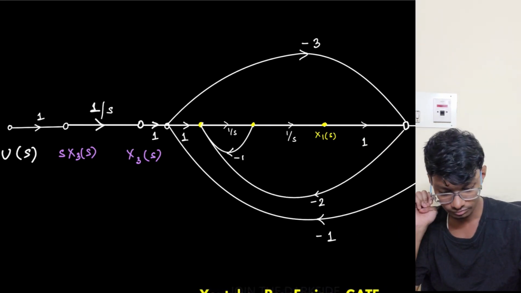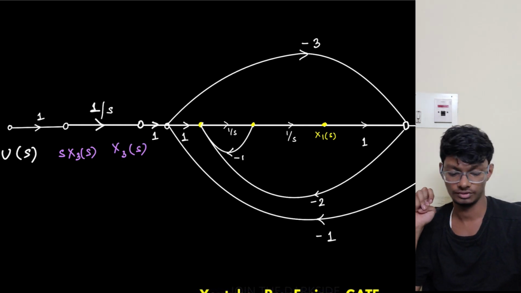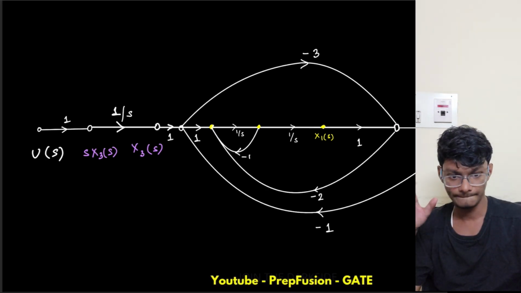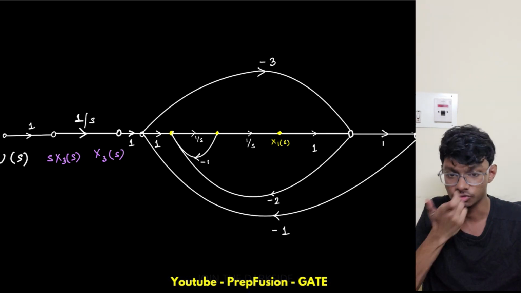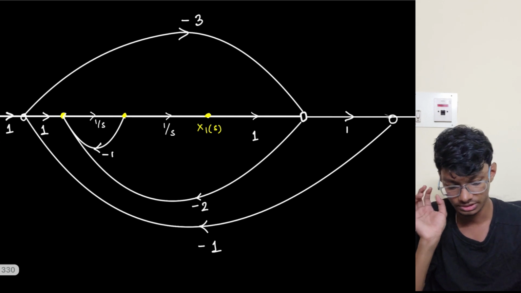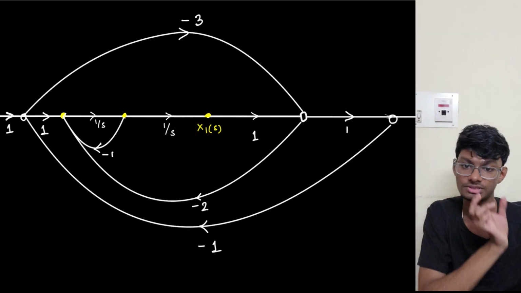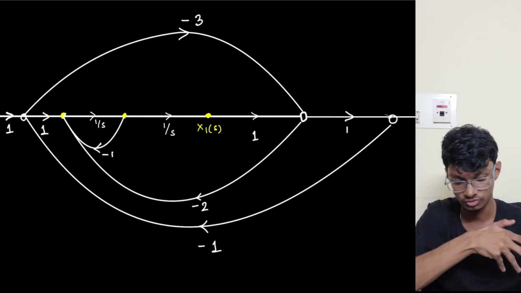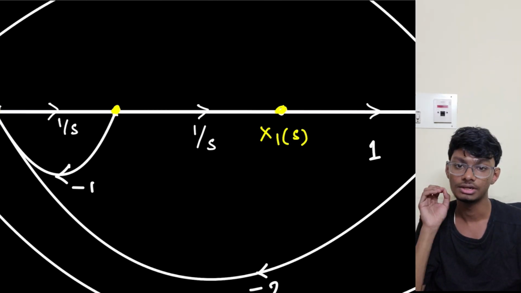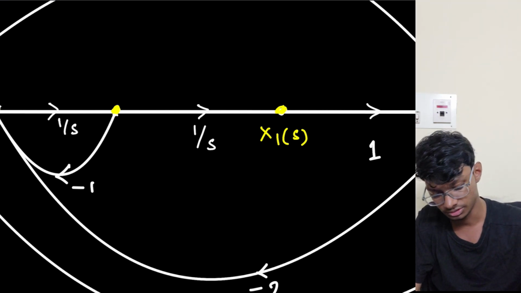So now what I will do is simply solve this. This is my x1 of s. So what will this be? This will be s times x1 of s, which will be equal to simply x2.